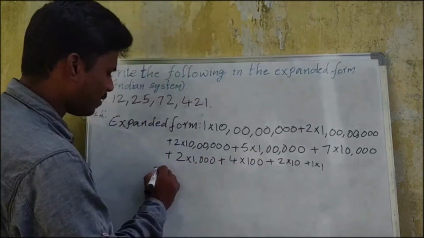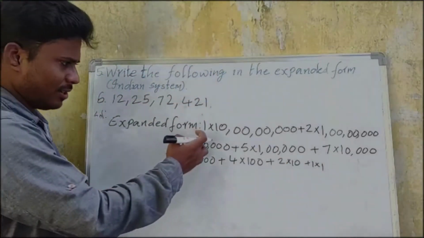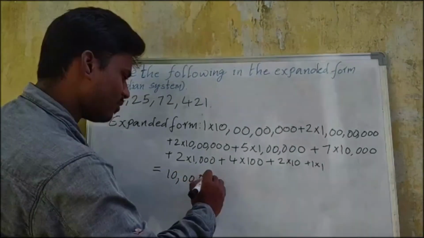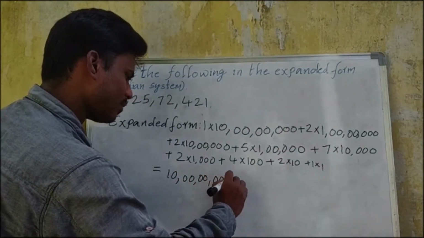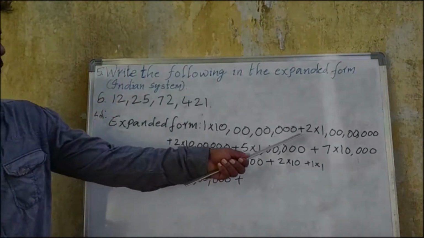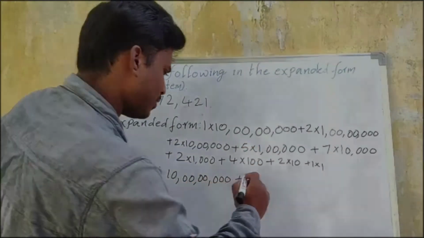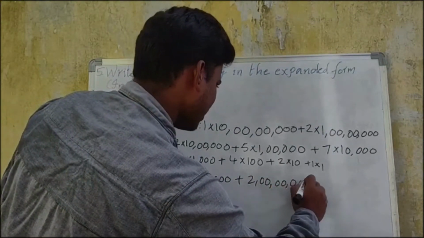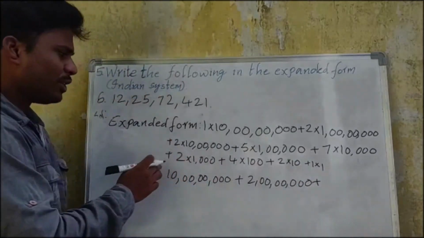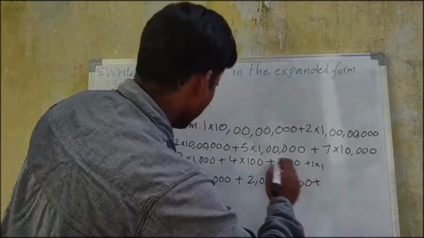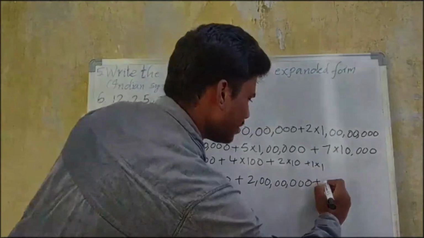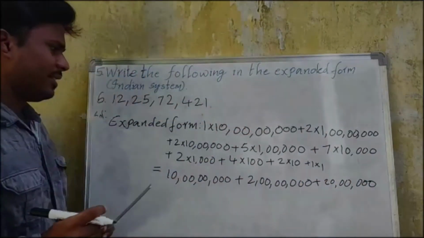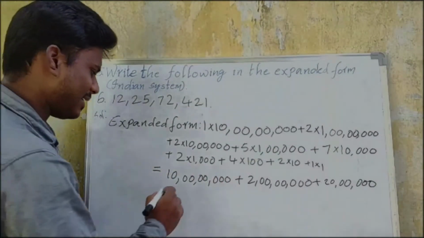Okay. Now after multiplication our answer will be like this: 1 into 10 crore is 10 crore only. Okay. Look here now. 2 into 1 crore, 2 crores. After that, what we have? 2 into 10 lakh. So 2 tens, 20 lakh. Then we have 5 into 1 lakh, 5 lakh.